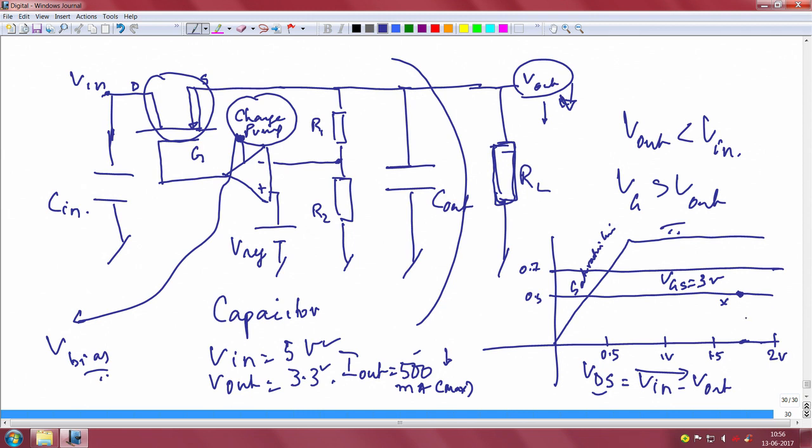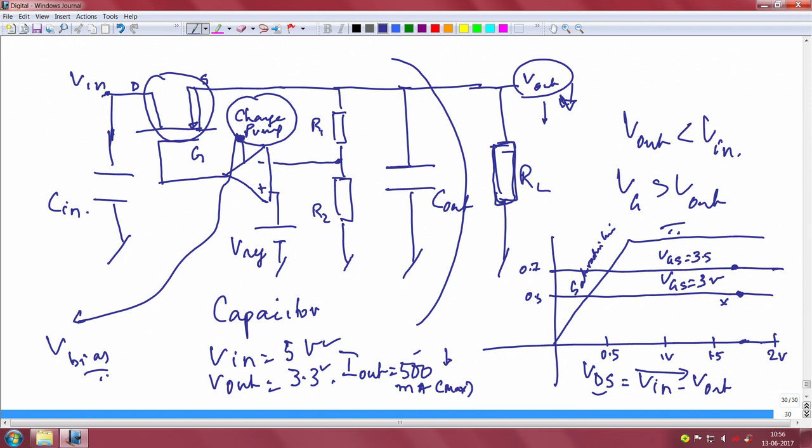So this is the key here, right: only the load current has increased, you have to continue to maintain the same voltage drop across it, but unless you increase the VGS to 3.5 volts, you will not get it back into regulation.